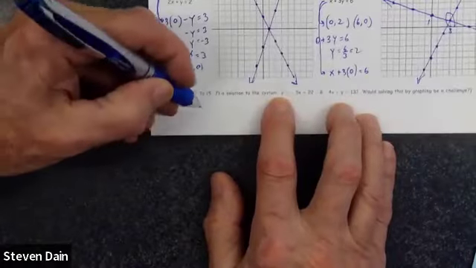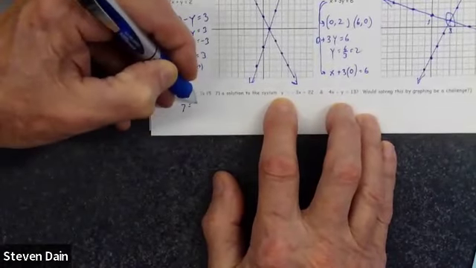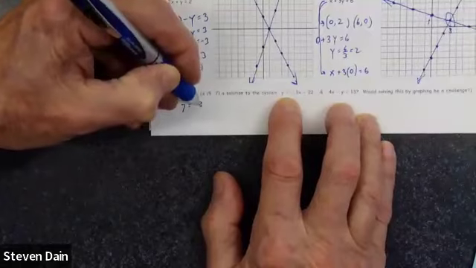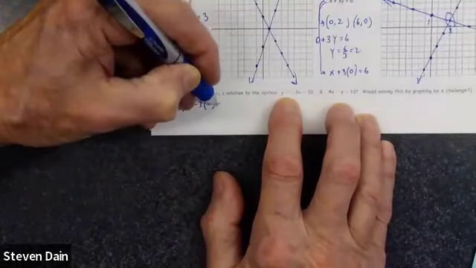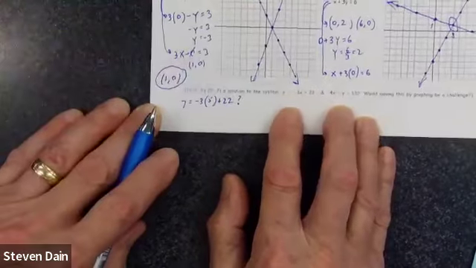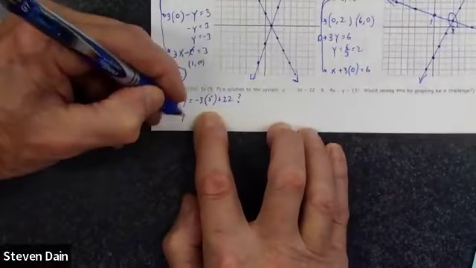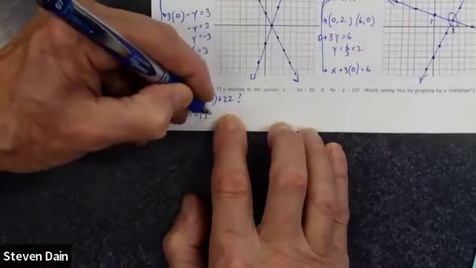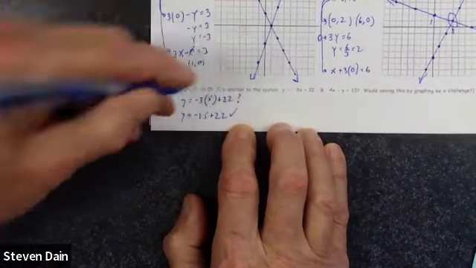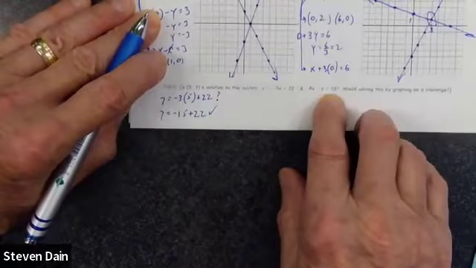So if we try this out, just to be really explicit, if I plug in 7 for y and 5 for x, is that true? Yes, because that's negative 15, and 7 does equal negative 15 plus 22. Am I done with this question? No, because it has to work in both equations.